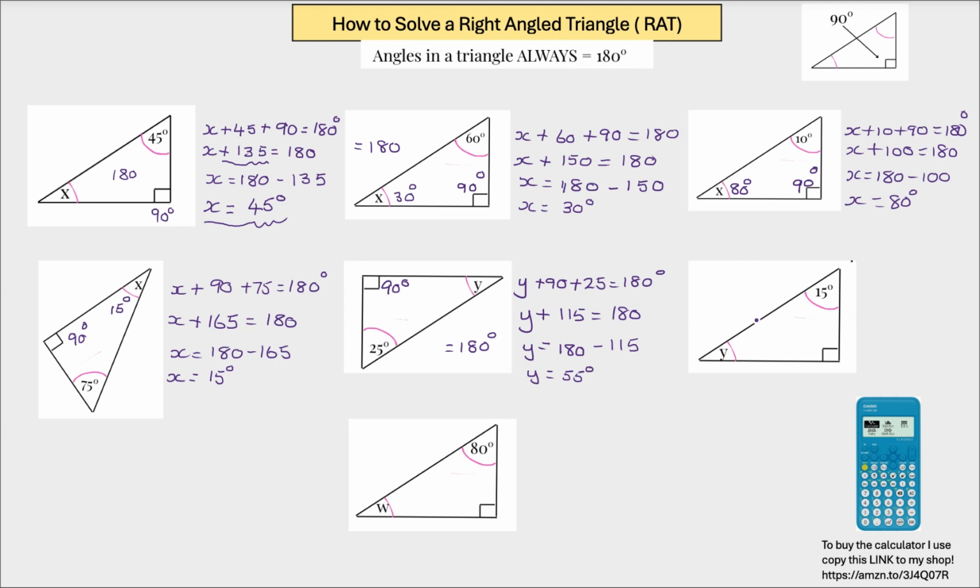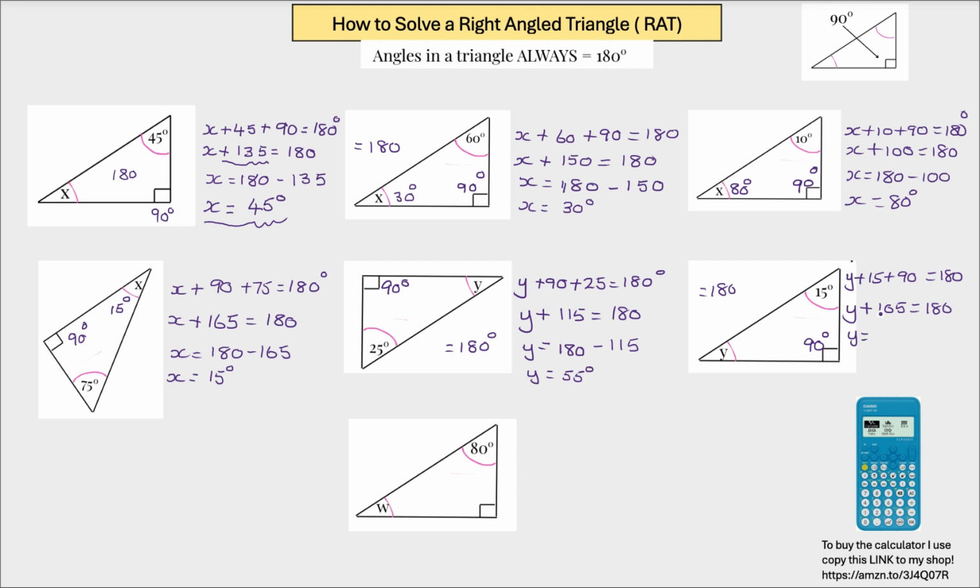So let's go to the next one. We have 90 degrees. Fill in what you know, so you get a clear picture. So what have we got? We've got y plus 15 plus 90 equals 180. These are our like terms, so it's adding together. So that's 90 plus 15 is 105 equals 180.